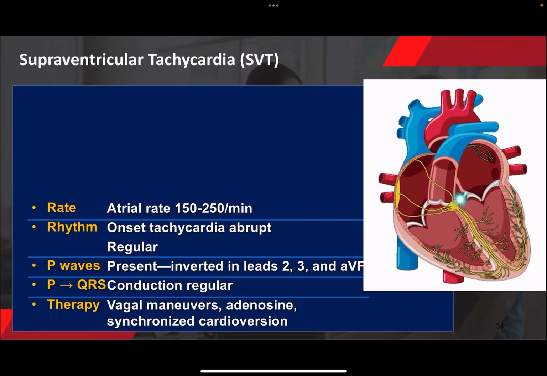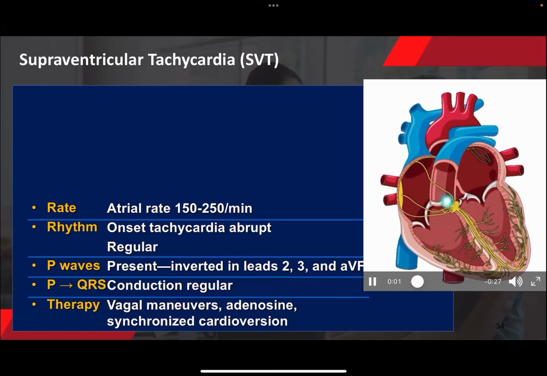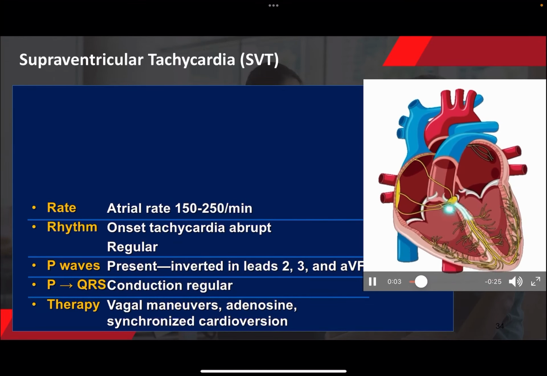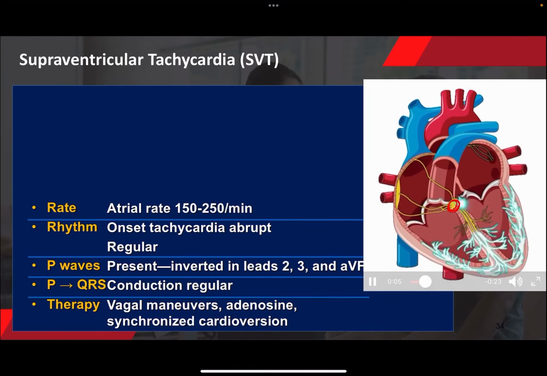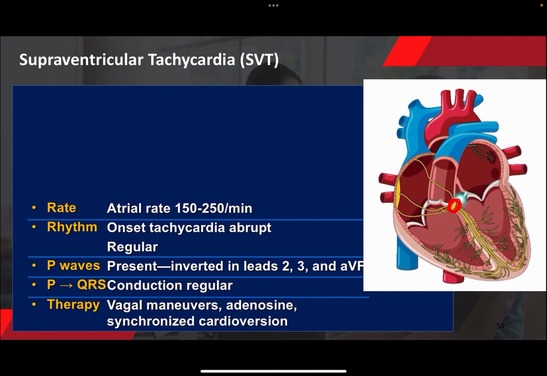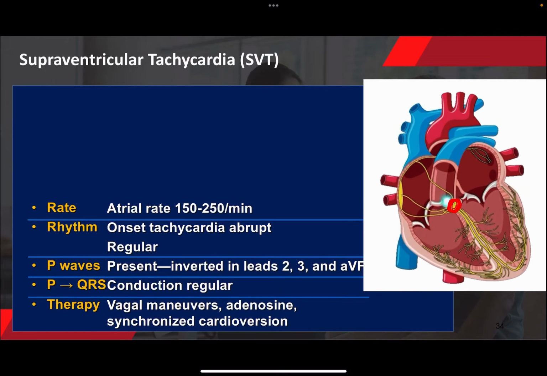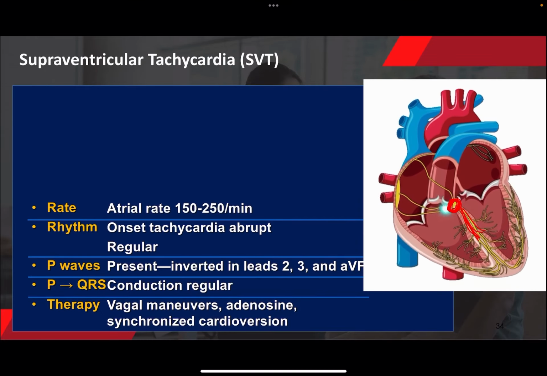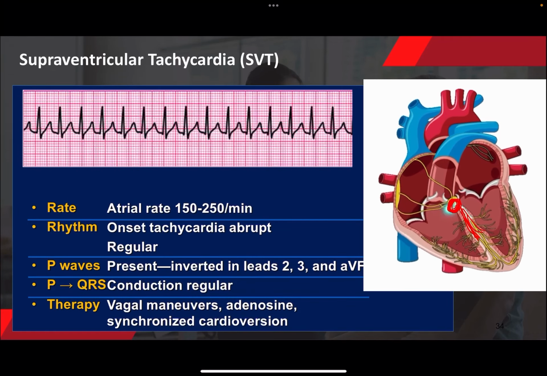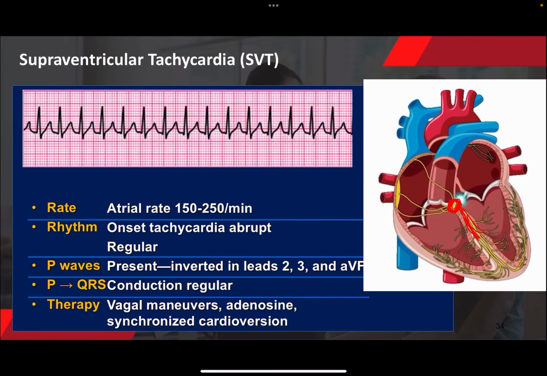Now, supraventricular tachycardia: the rhythm keeps going back and forth, repeating itself here at the AV node. So your ventricle is pumping too fast, and the ECG would look like this.